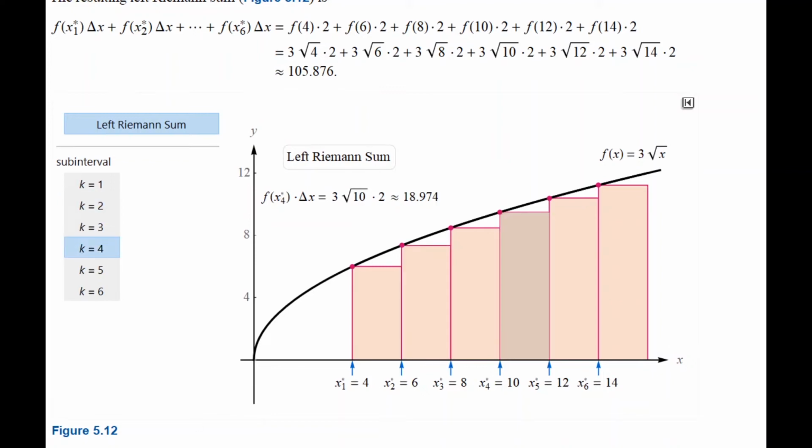The fourth subinterval, its area is approximately 18.974. And just what to note here is that we're using the left endpoints of all of the subintervals and then summing all of the areas of these rectangles to approximate the net area under the curve 3 times square root of x from 4 to 16.